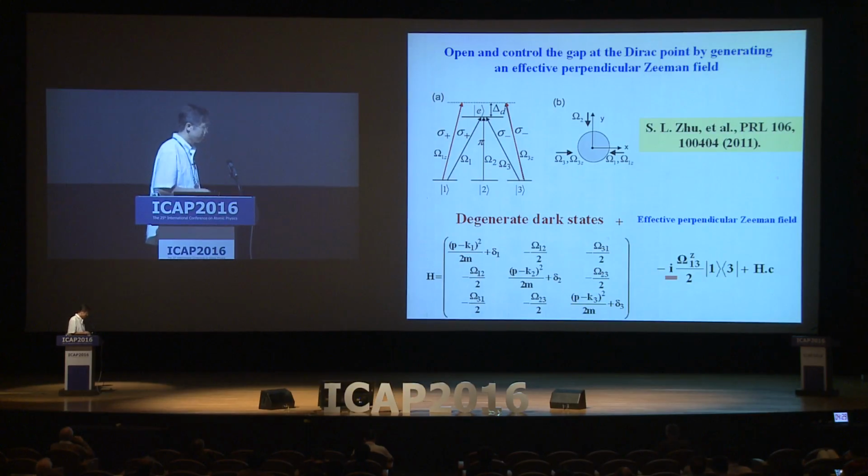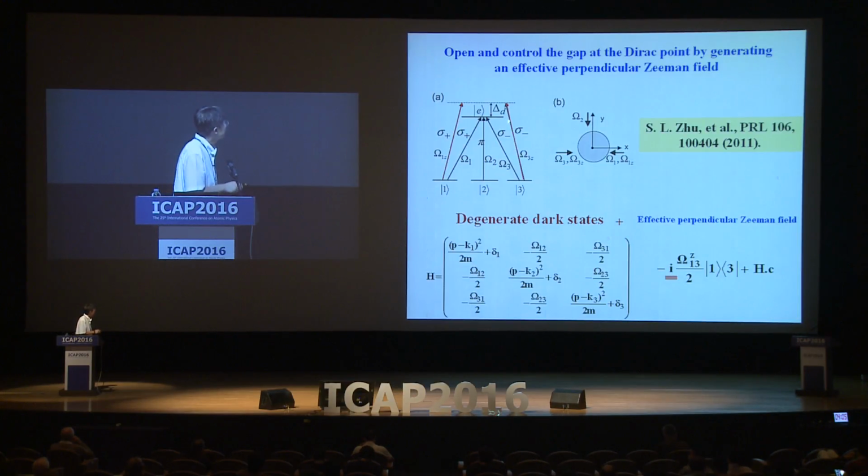First, let us see the previous scheme to generate this effective perpendicular Zeeman field. In this scheme, they use three lasers to couple three ground states, like our experimental scheme.